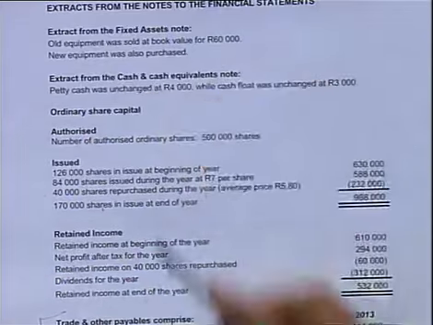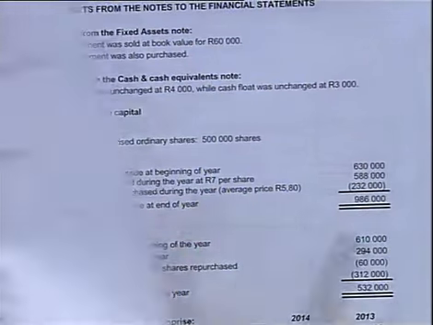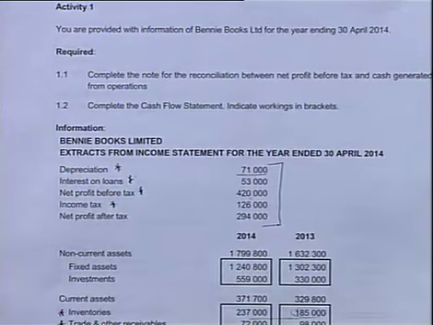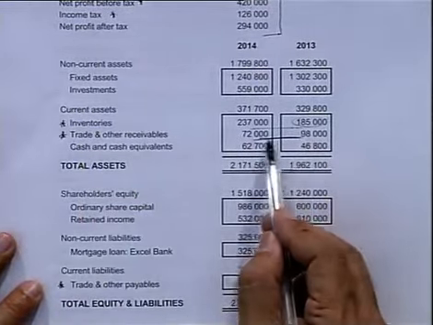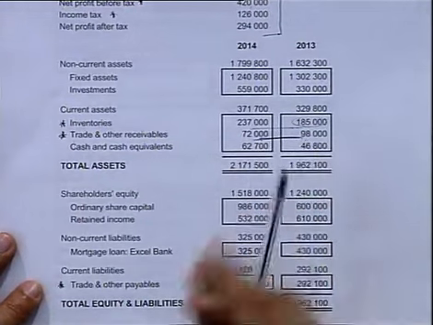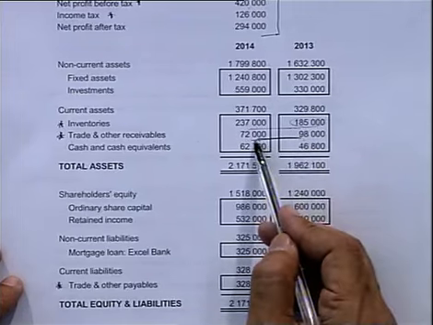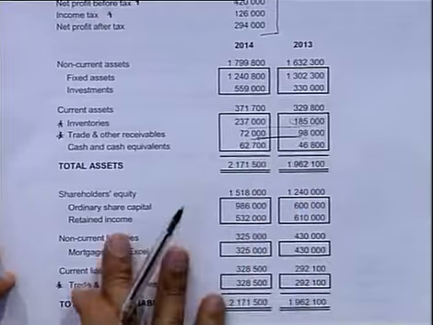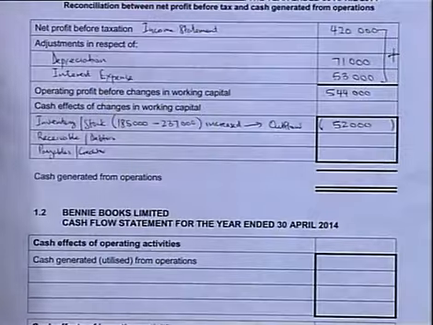In this case, there is no note for receivables, so we have to take the difference between those two figures in the balance sheet. So my receivables decreased from 98,000 to 72,000.